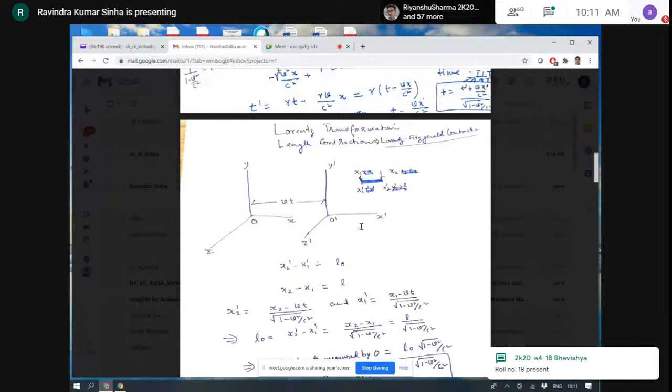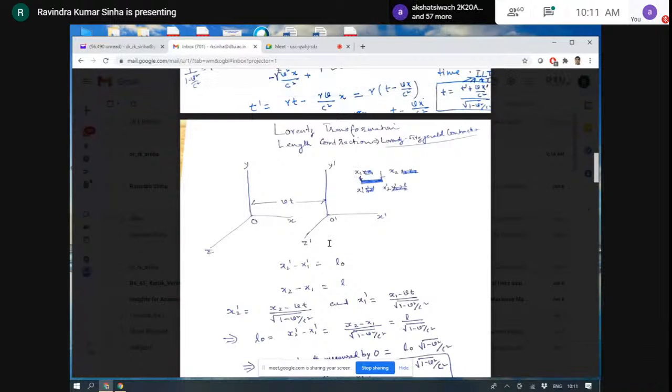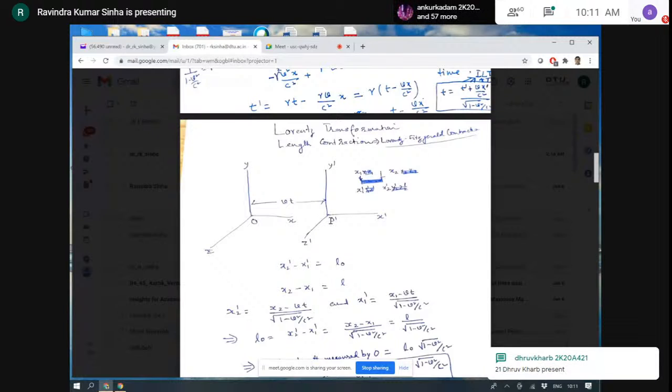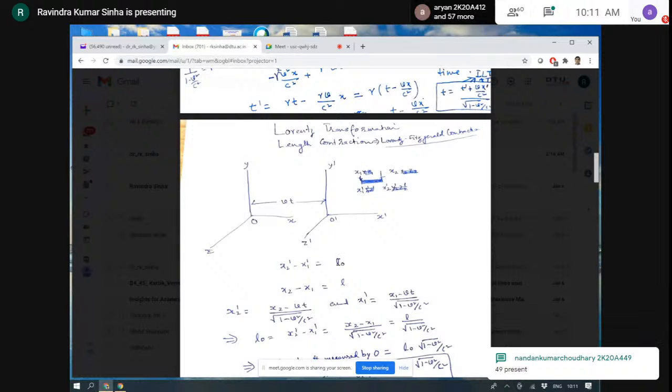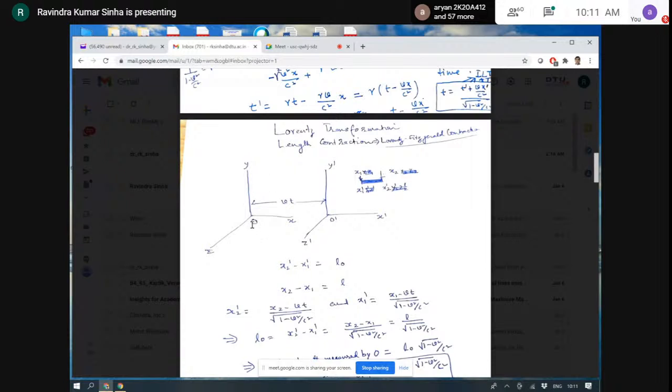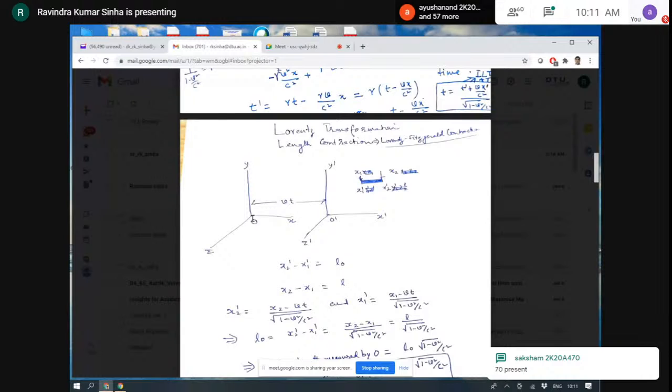As I have defined, this is the mistake I was making in the previous nomenclature, that x2 dash minus x1 dash is in the frame in which it is moving. If a person, that is O dash, is in the same frame, he is measuring its length, so that length will be proper length. And contracted length will be recorded by a stationary person, that is person O from the other frame of reference.